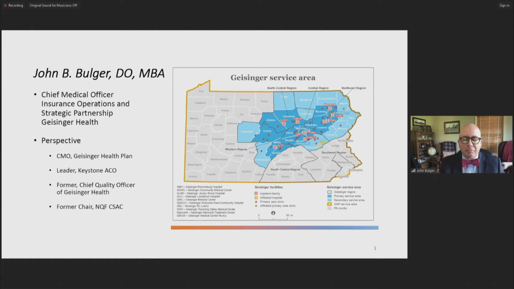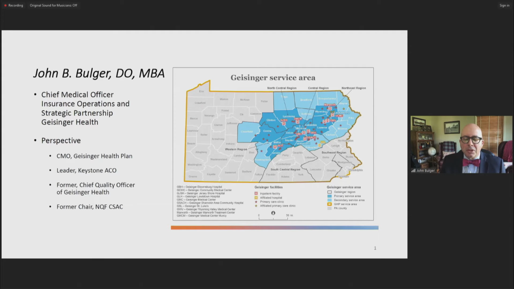Prior to going to our health plan, I've been at Geisinger 26 years. I was the Chief Quality Officer at Geisinger, and in that role was primarily responsible for all the quality reporting that Geisinger did, both inpatient and outpatient, and did a lot of work around quality measurement.